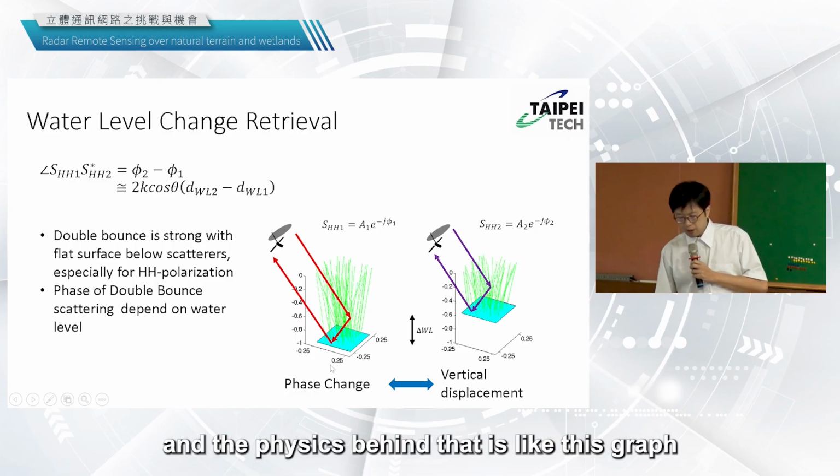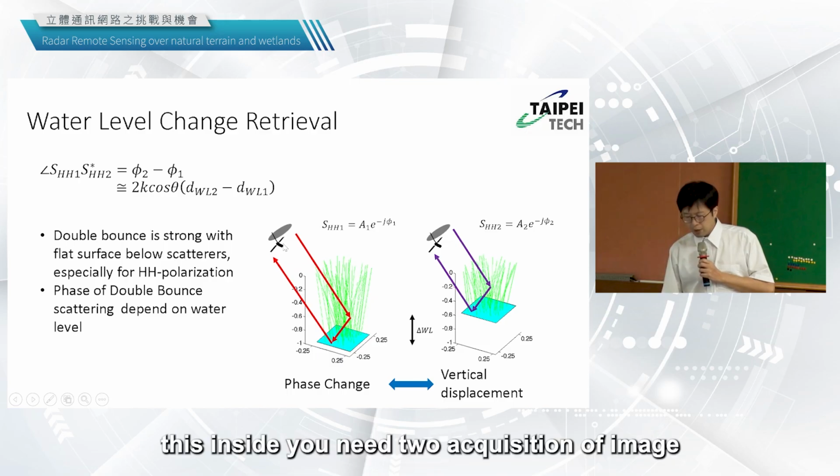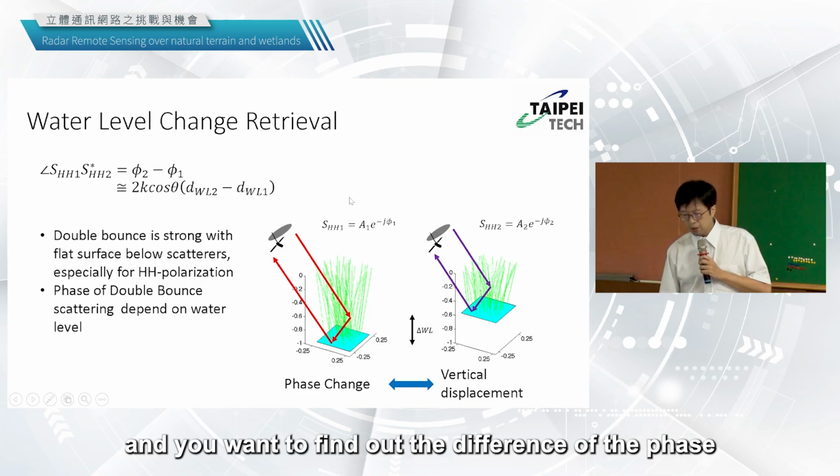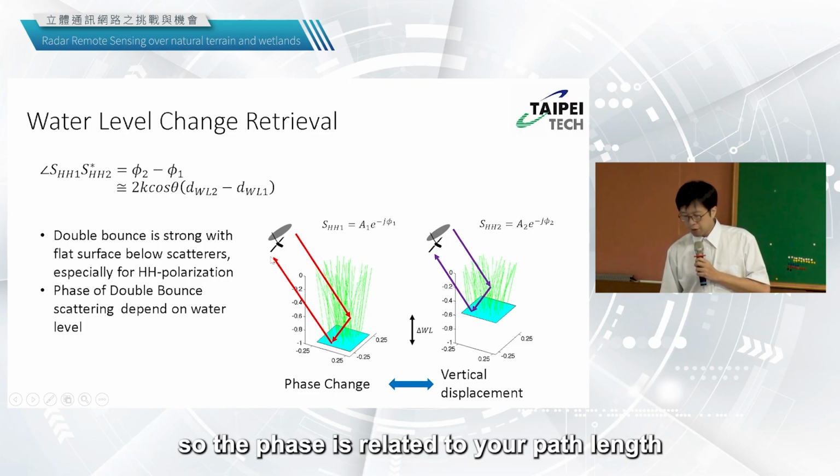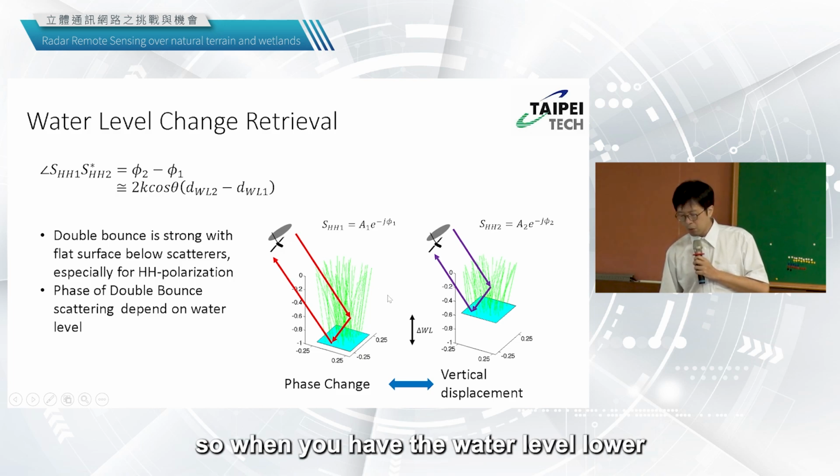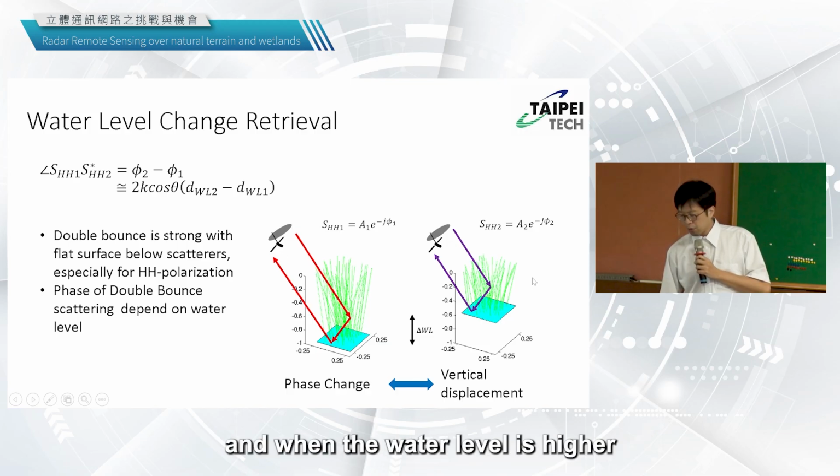And the physics behind that is like this graph. For InSAR, you need two acquisitions of an image, and you want to find out the difference of the phase. The phase is related to your path length. When the water level is lower, you get one image, and when the water level is higher, you get a shorter path.